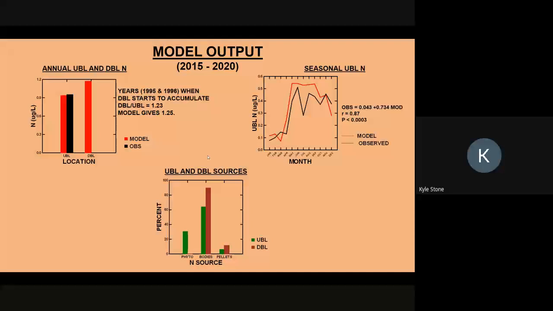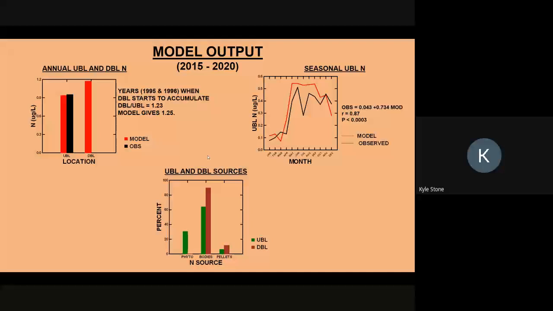Where we see nitrogen in the upper layer, phytoplankton is providing about 30%. Shrimp is providing about 60%, and the shrimp fecal pellets are providing, let's say, about 10% of the nitrogen. If we look at the deep brine layer, phytoplankton contribute nothing.